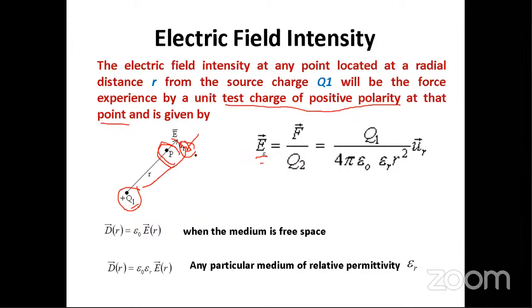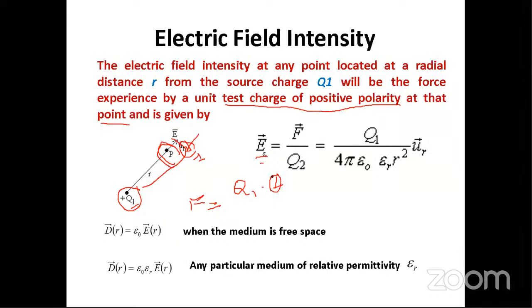Force when we bring a unit test charge. Unit test charge means the magnitude of the test charge is 1. So according to Coulomb's formula, F is equal to Q1 into Q2 by r square.